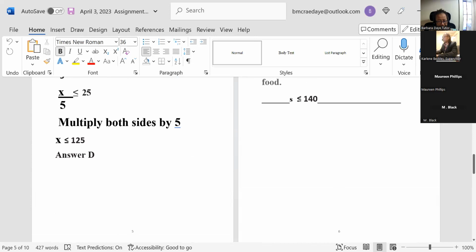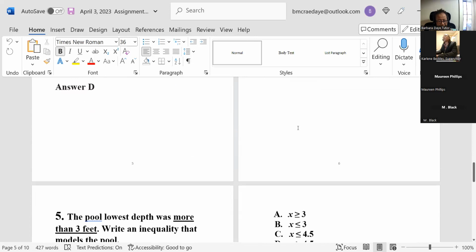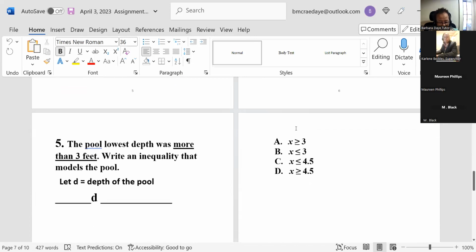So this is a less than or equal, and you turn it the other way around. And then you put 3 feet. Very good, Maureen. You got it.